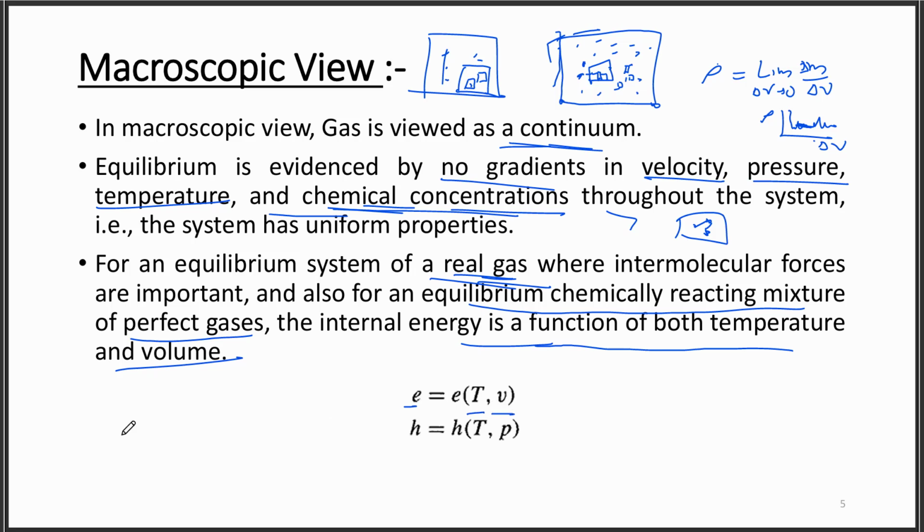Or you can say that internal energy is a function of two state properties. Temperature and volume are state properties. Similarly, enthalpy also will be a function of two state properties.